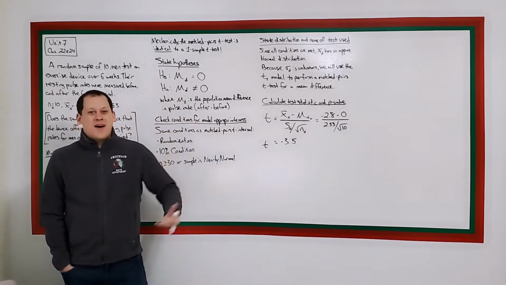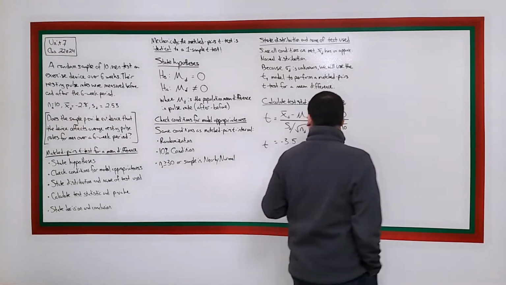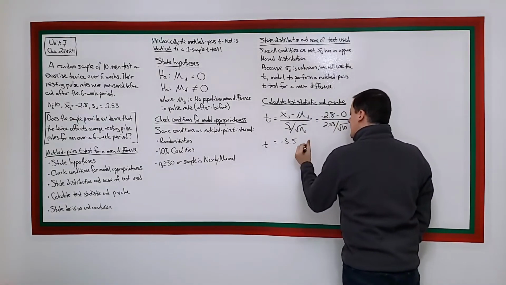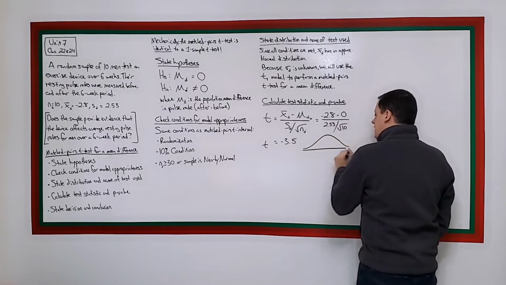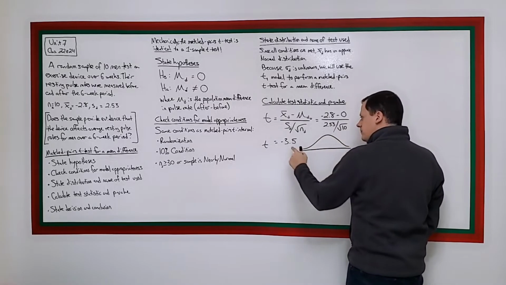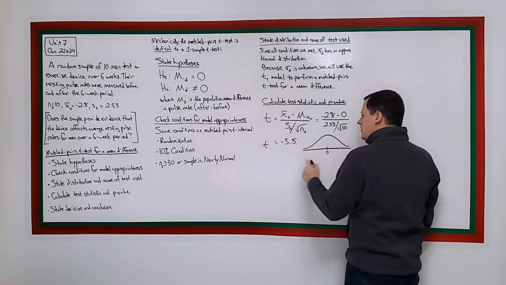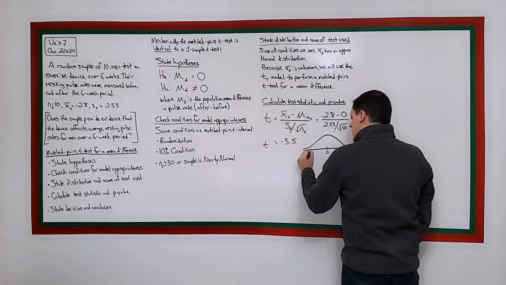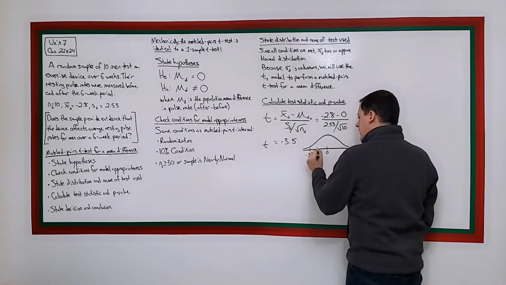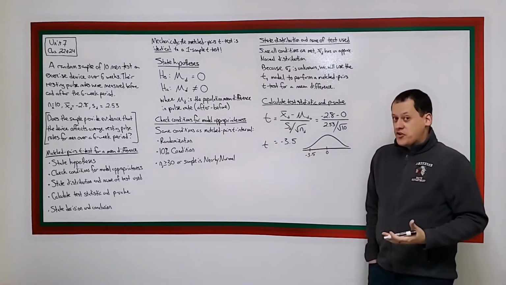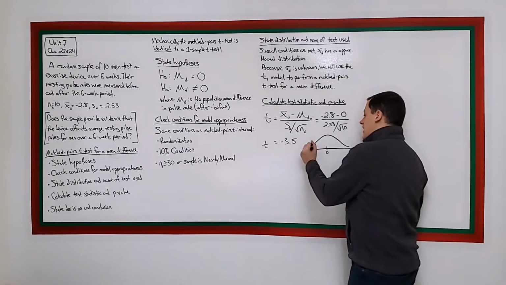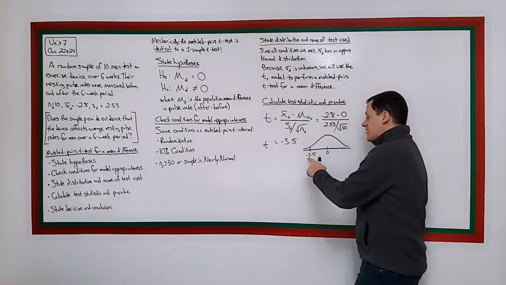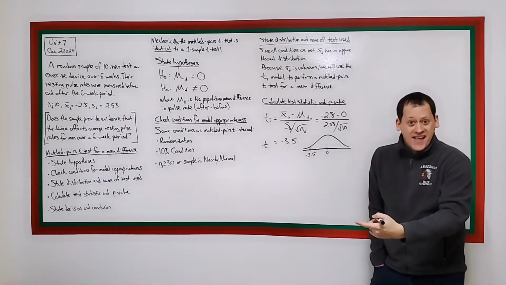And we've done enough hypothesis tests. I think it's becoming second nature. Once you have your test statistic, draw that curve. T-curve looks just like normal. 0 in the middle. Negative 3.5 is going to be somewhere over here to the left. What area do we want to shade? Now, if you're reckless, you would just shade everything to the left because you know it's like an end.